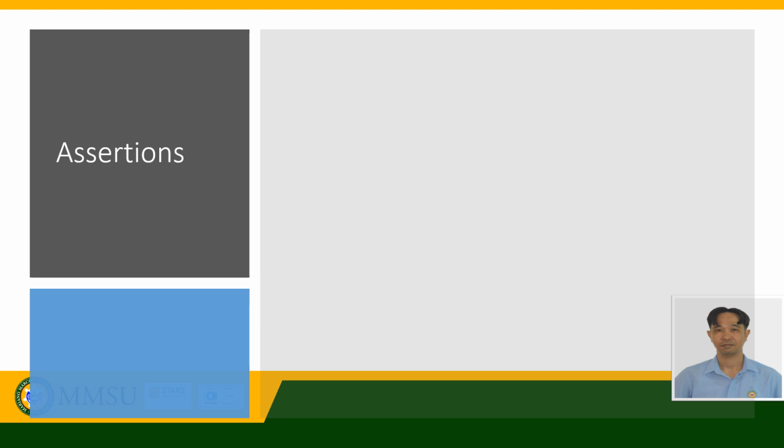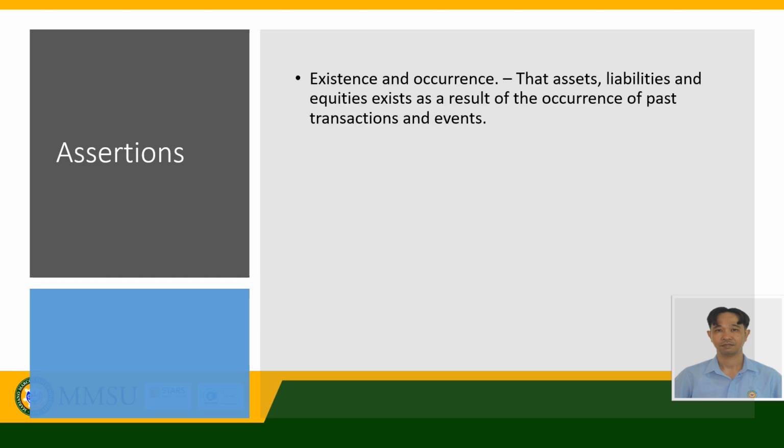Along with this, sinasabi rin ng management na yung financial statements are free from material misstatements. And along with this, merong mga specific na sinasabi pa yung management regarding the items or regarding its general assertion na pertaining to the financial statement.